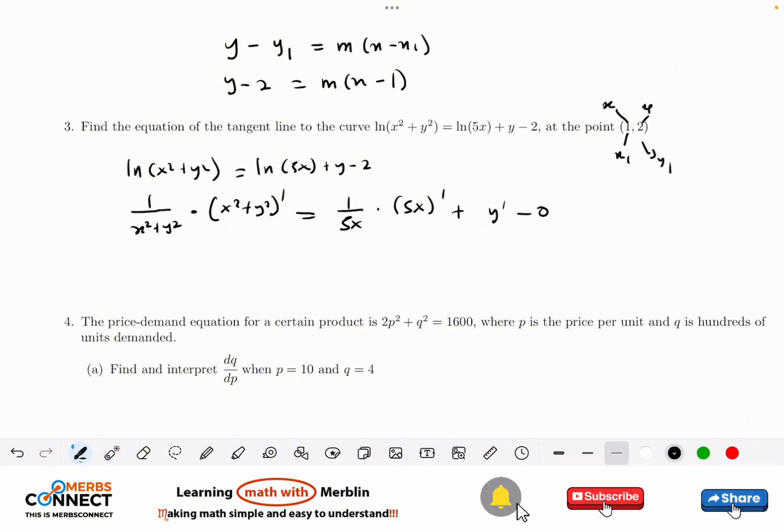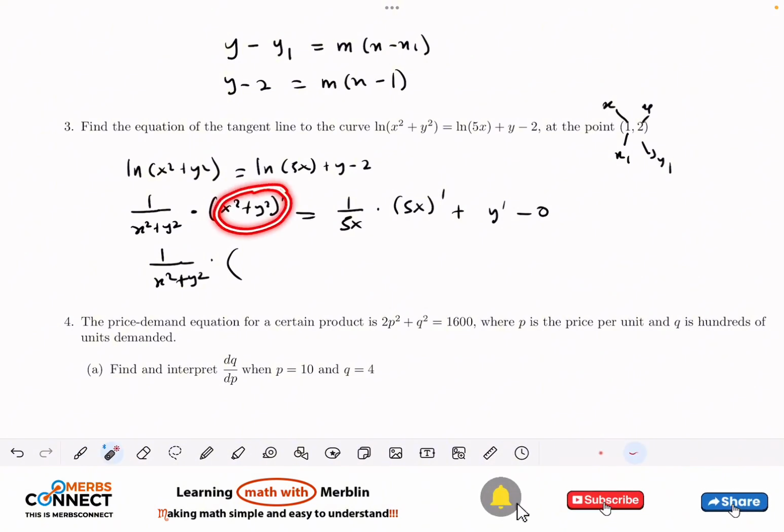Is that right? Good. So I'm going to have 1 divided by x squared plus y squared times, now I'm differentiating what is here. When I differentiate x squared, what am I going to get? Remember, with equation of the tangent, we differentiate with respect to x. So when I differentiate x squared, I get 2x.